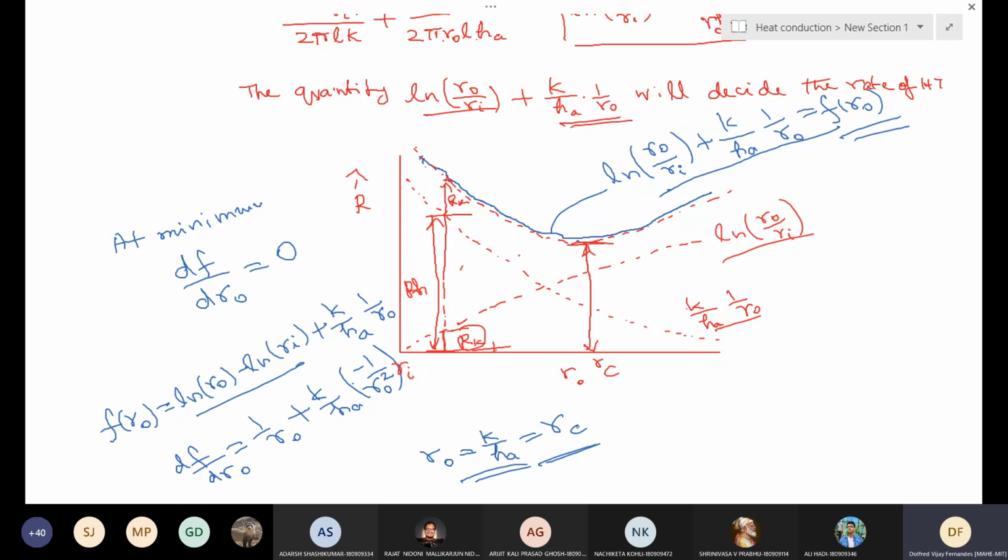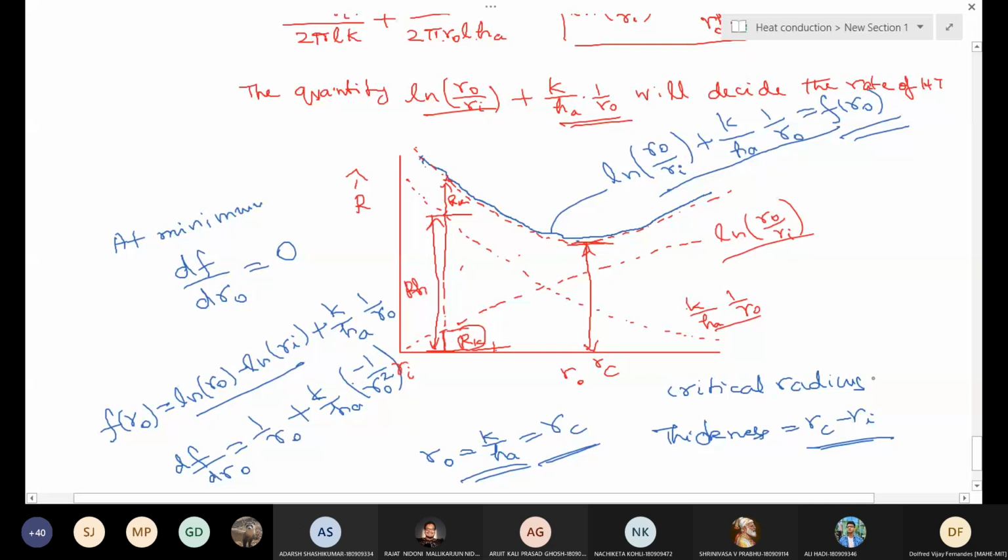What is thickness? Thickness is nothing but rc minus ri, and that should be mentioned. But critical radius of insulation means rc, where rc equals k by h.